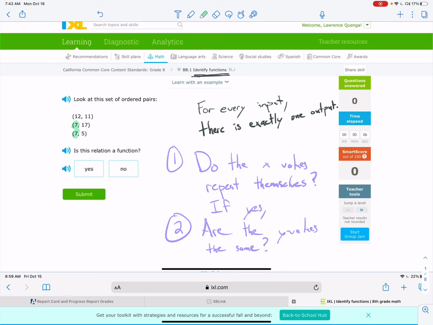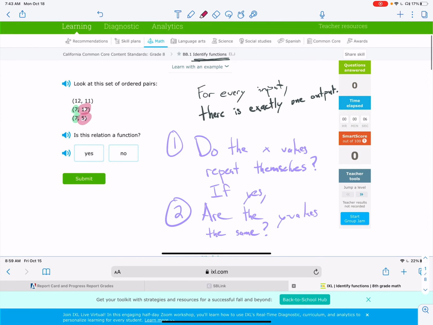In this case, it's pretty obvious that they're not the same. We have 17 and we have 5. Those aren't the same. Therefore, it isn't a function, because for an input of 7 you have two outputs, and that's not a function.